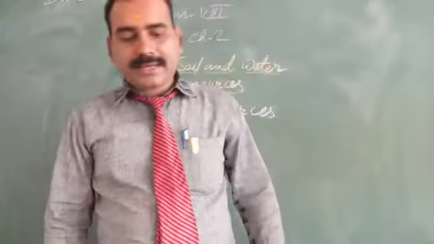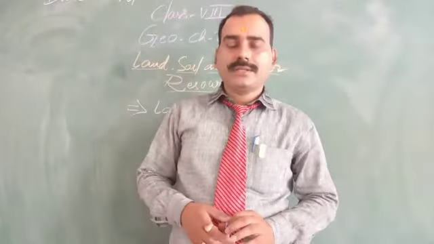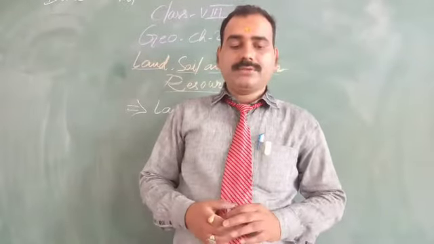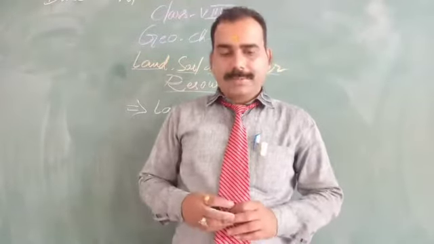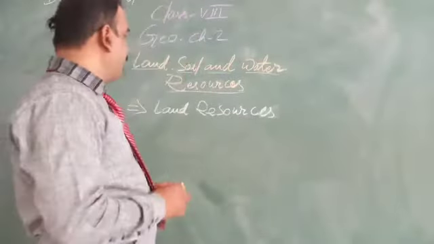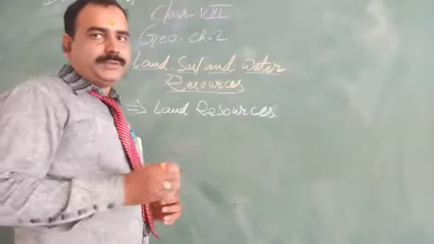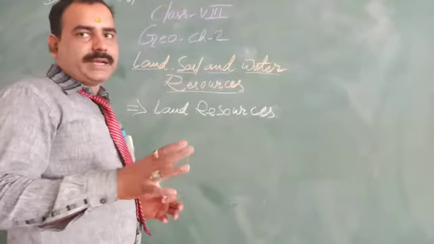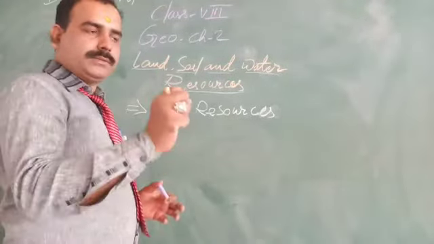So let's understand land and other important resources such as soil and water and their uses in more detail in this chapter. Land resources. What do you understand by land resources? I have explained to you in earlier chapters that all the things that we use are resources.